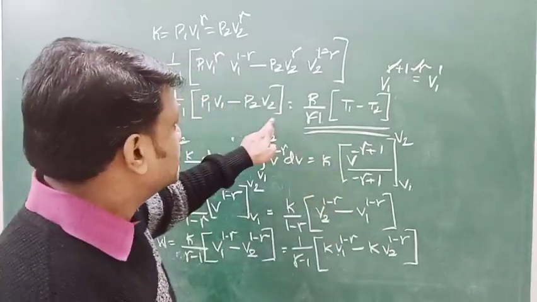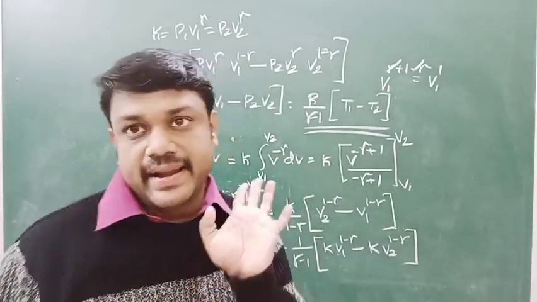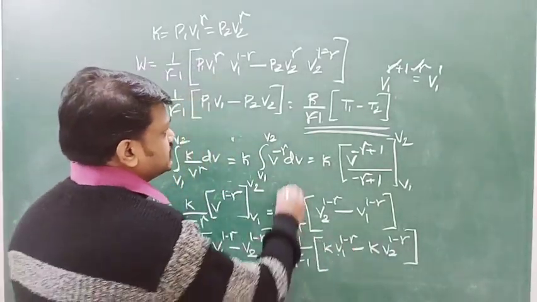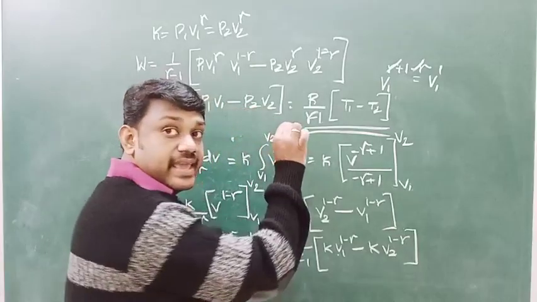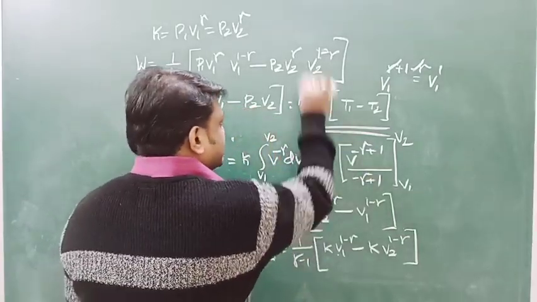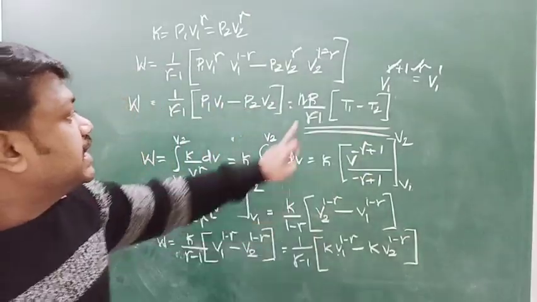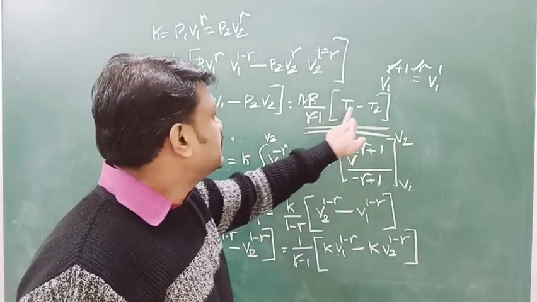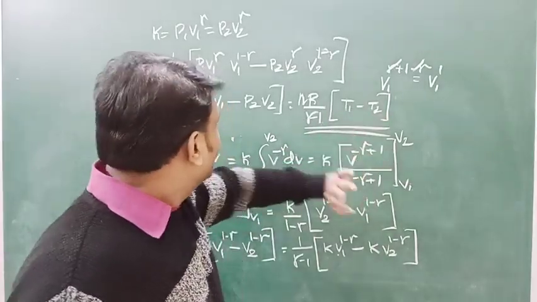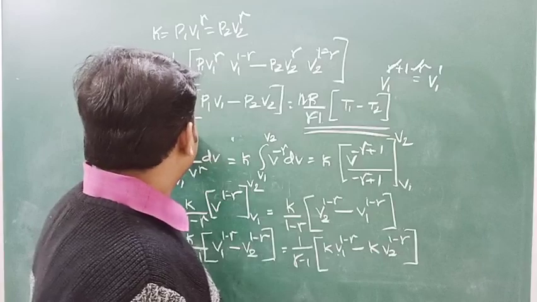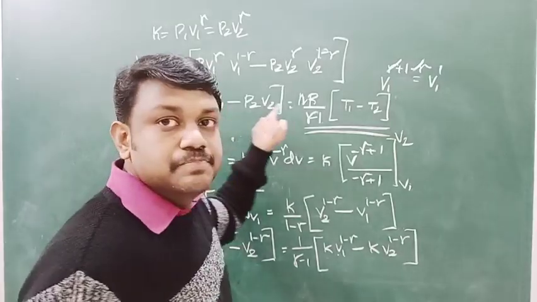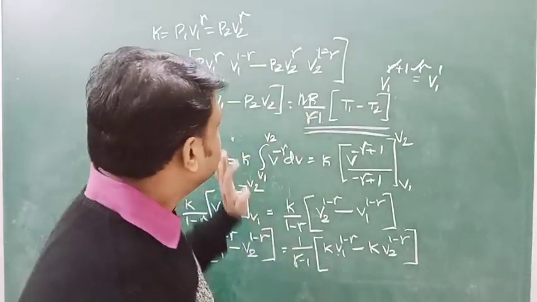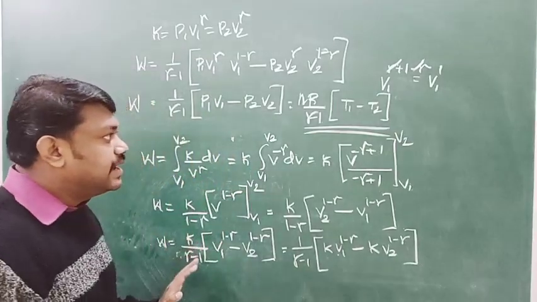Remember, here we have considered only one mole of ideal gas. If there are n moles of ideal gas, P1 V1 equal to nRT1. So in the general case, you can take it as nR divided by gamma minus 1 into T1 minus T2, or 1 by gamma minus 1 into P1 V1 minus P2 V2. So this is the work done in an adiabatic process.